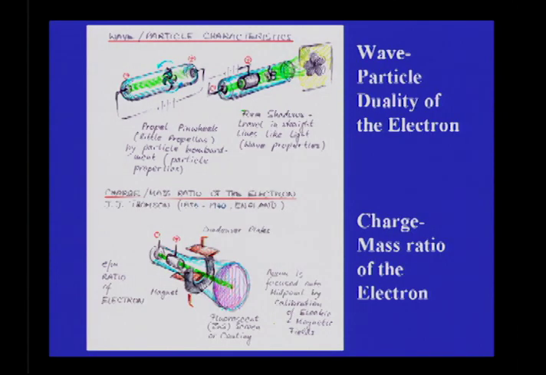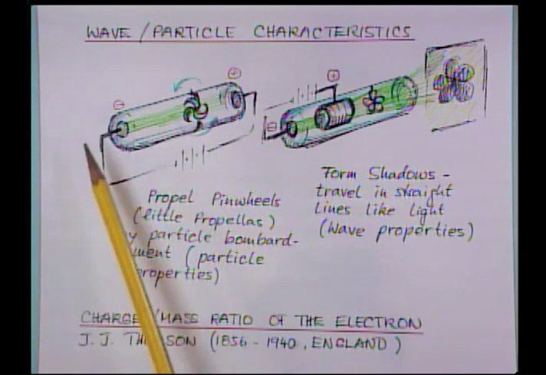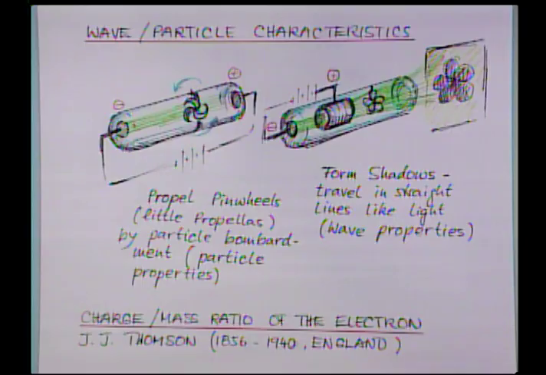So we see here in our PowerPoint slide the two cathode ray tubes that will be used to test different phenomena. On the left we have a little pinwheel adjusted between the two electrodes. And then one observes that the pinwheel rotates. So it's like a little windmill, and that can only rotate if particles hit it.